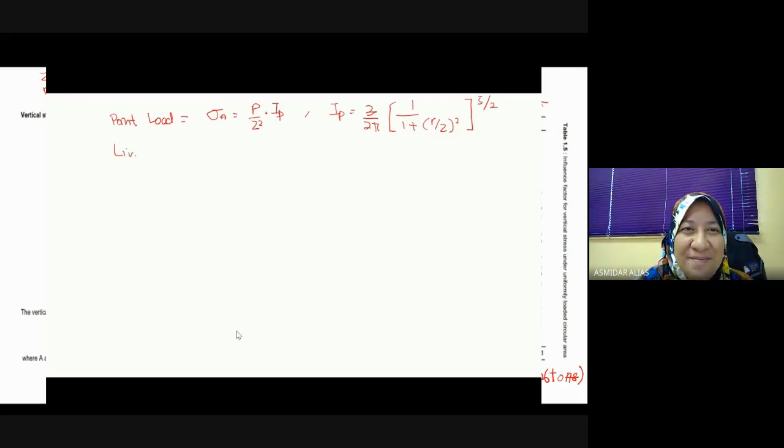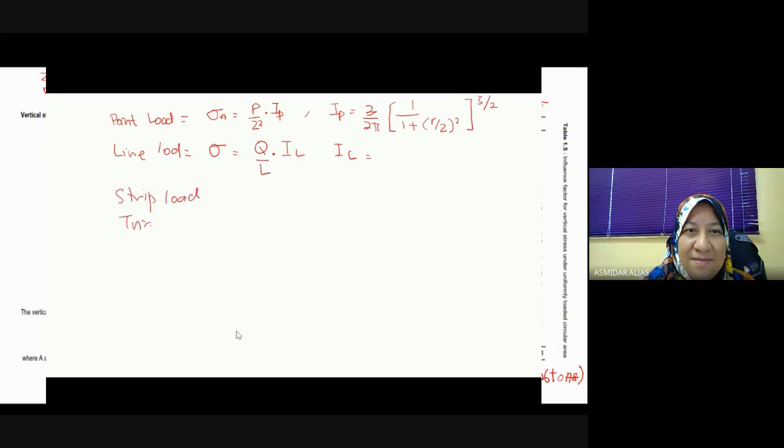Then you have line load, where the vertical stress is equal to Q over L multiplied by IL. Of course you have the equations, so find the equation. Next we learn about strip load.